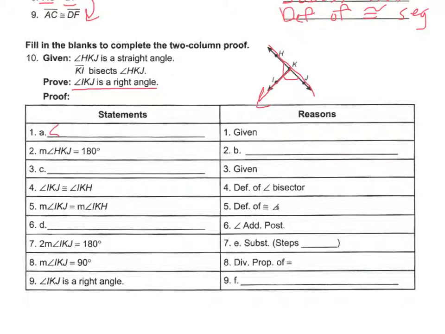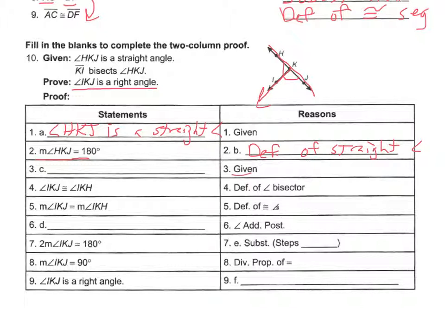Given was angle HKJ is a straight angle. That was given. Well, the measure of HKJ is 180. That's going to be the definition of straight angle. If it's a straight angle, its measure is 180.